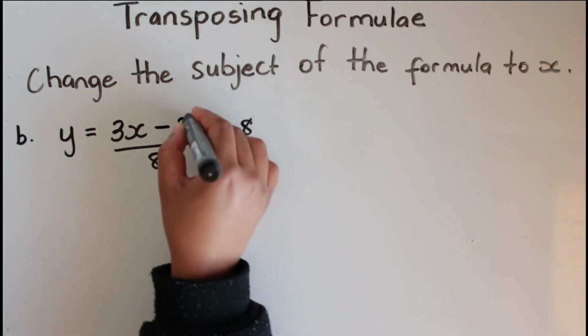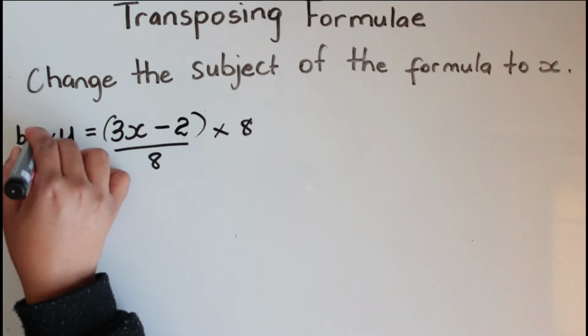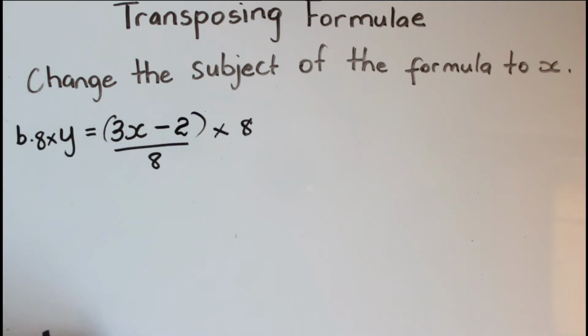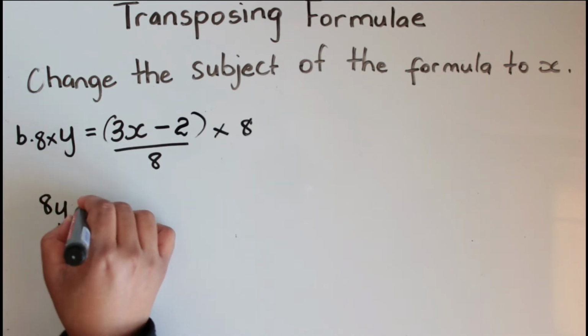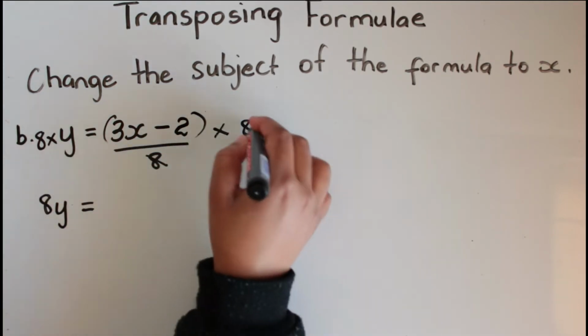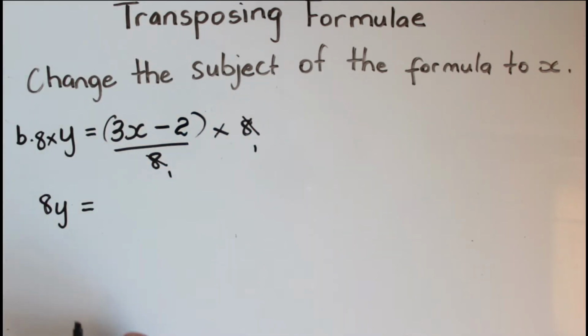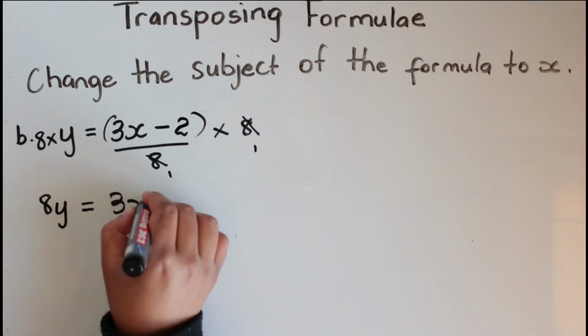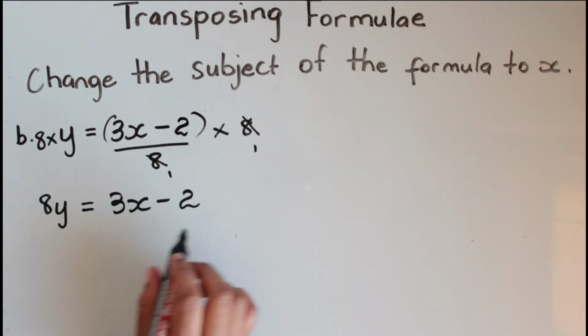So we times 8, and that's all of that. And then we do times 8 on our left as well. So now we have 8 times y. That gives me 8y equals, these will go, that was the aim anyway, because 8 divided by itself gives 1. So I'm left with 3x minus 2 on my right. Now I need to get rid of this negative 2 here.